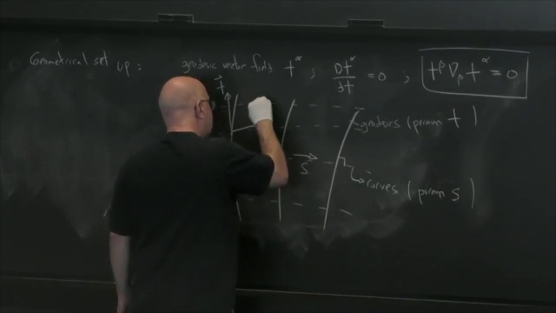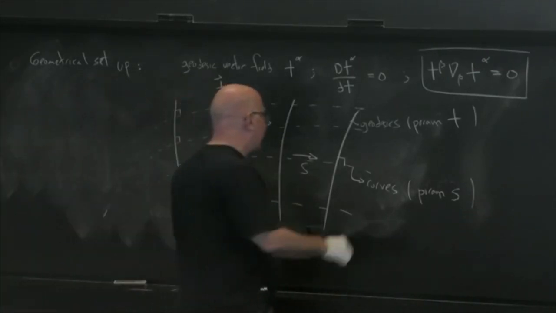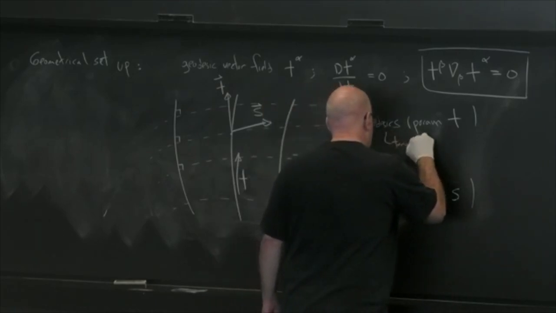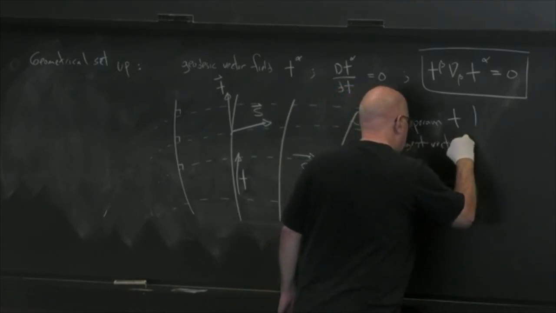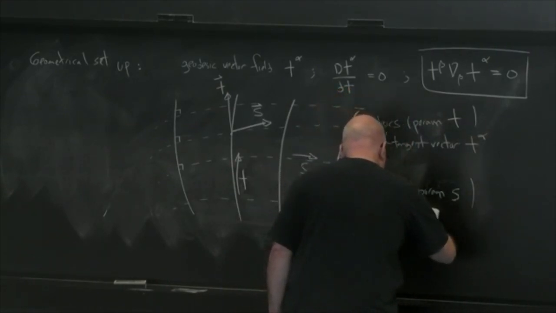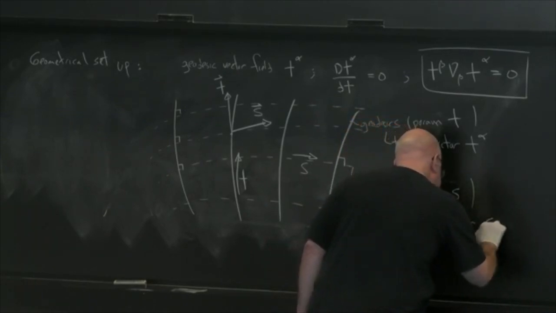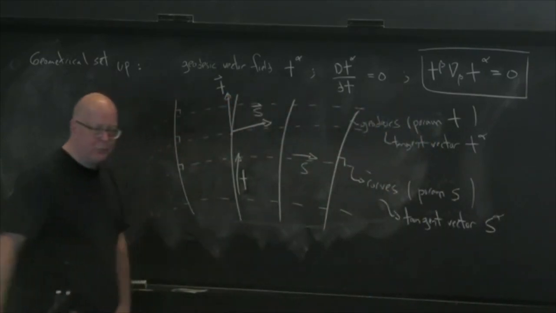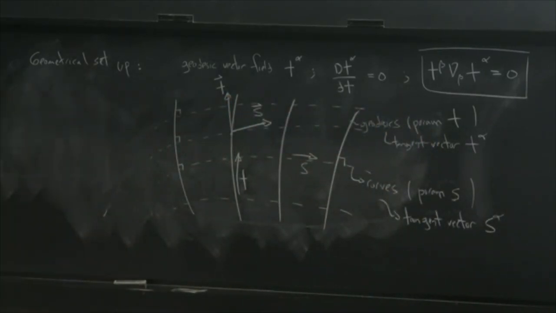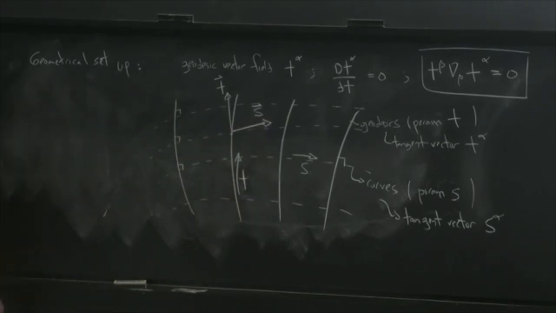So those geodesics have tangent vector t alpha, and those curves have tangent vector s alpha. So basically the same sort of construction I've been using and reusing, just applied in a slightly different context, with the one main distinction being that now I have some of those curves being actual geodesics.